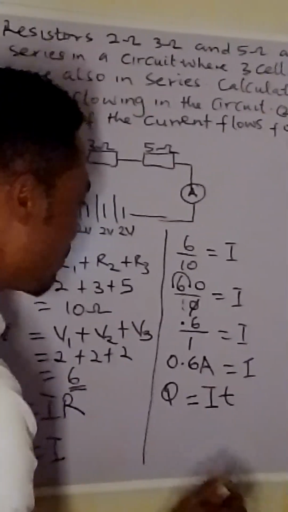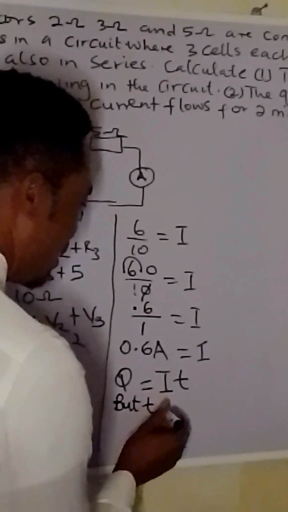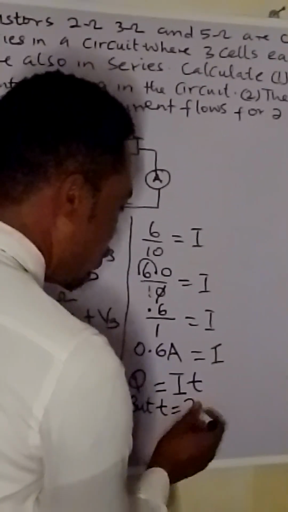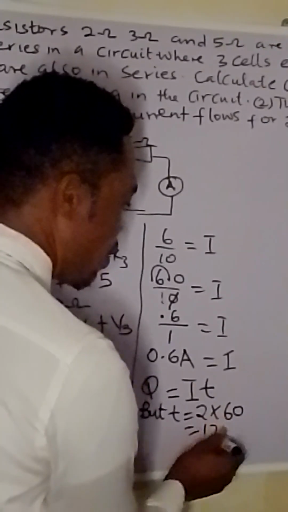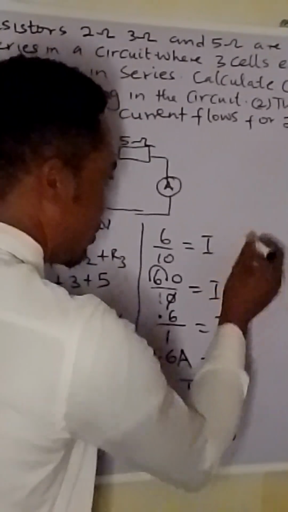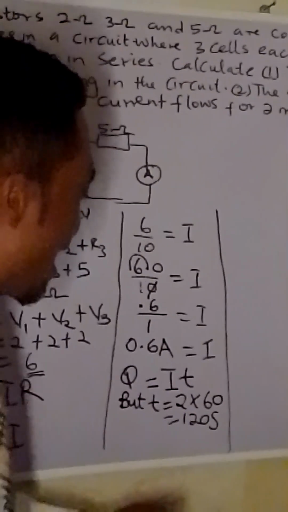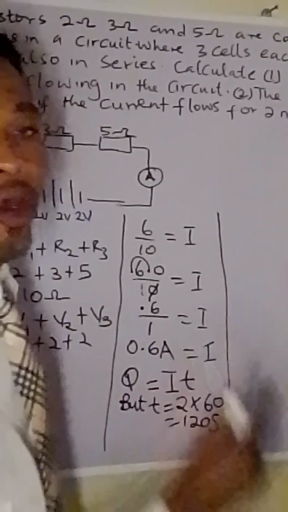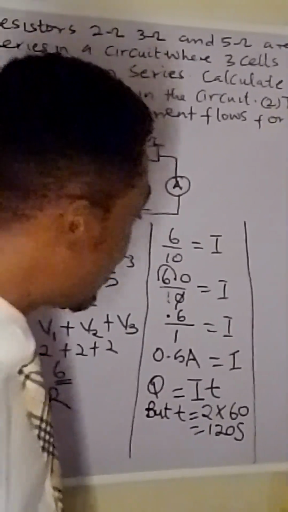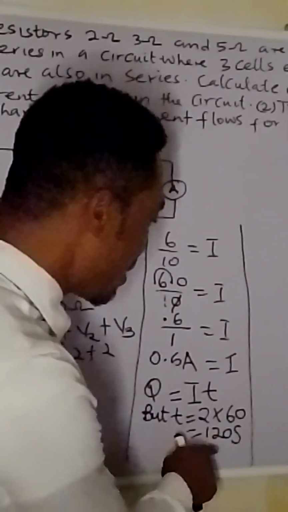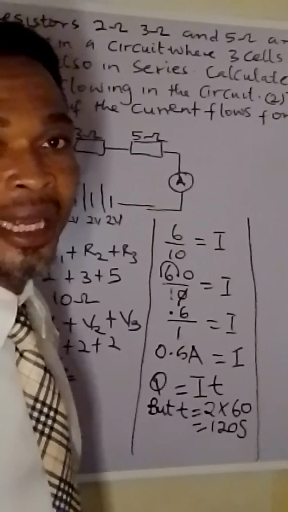So we say, T is equal to 2 times 60, which is equal to 120 seconds. And having obtained that, we can now substitute the value of I as 0.6 and also substitute the value of T as 120 in order to get the quantity of charge in the circuit.